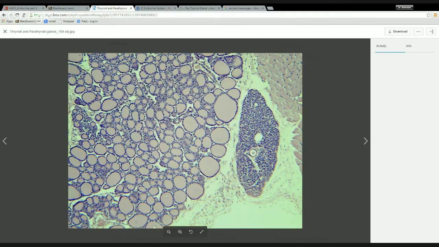This cluster of cells here is about the same as any comparable sized area of cells in this gland. What makes the thyroid gland look lighter overall is all of the follicles and their lipid deposits. But the parafollicular cells essentially are the same as any other gland. They're making protein hormones, and there's nothing special about them.